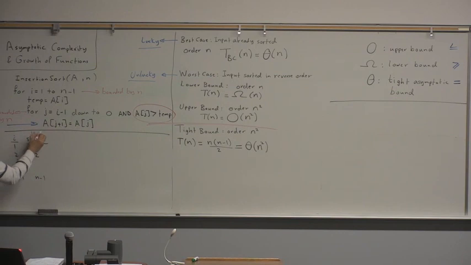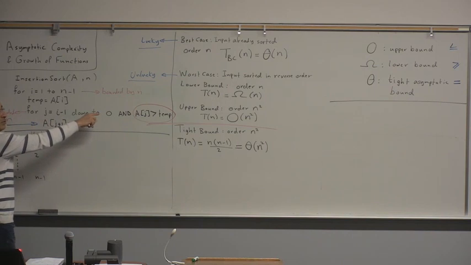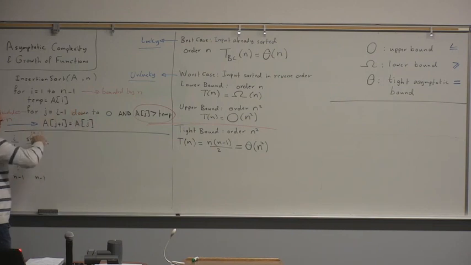Why is that? Because it's the value of j that will make this condition evaluate to false. Whenever this evaluates to true, we enter the loop. When it's false, we break out of the loop and don't enter the body of the loop. So when we exit this loop, the value of j is going to be -1.